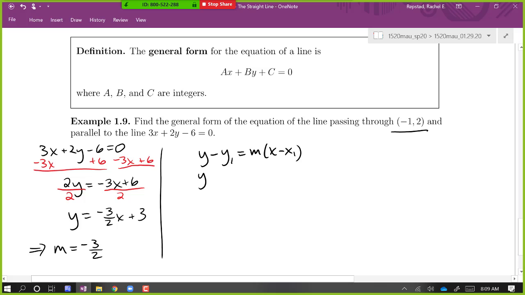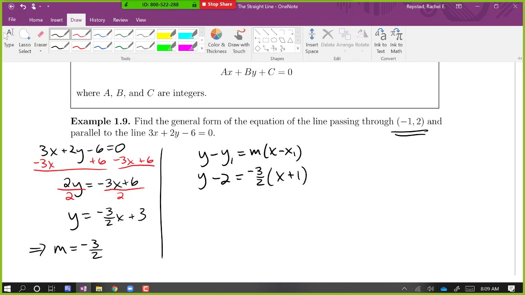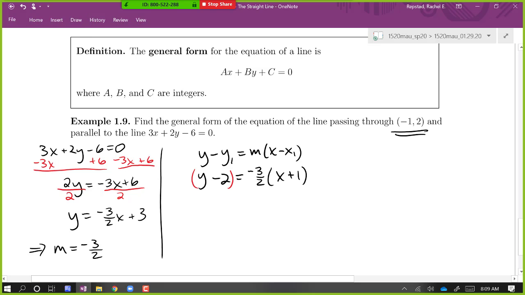So we know this point here, let's see, y minus 2 is -3/2 x plus 1. We want it in general form, so I'm going to clear denominators first. I'll multiply both sides by 2. That'll cancel that 2.